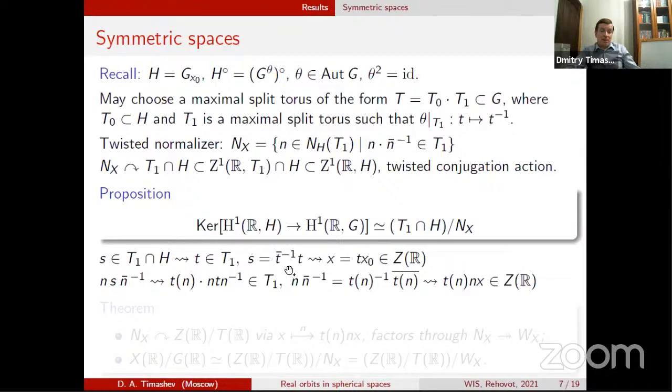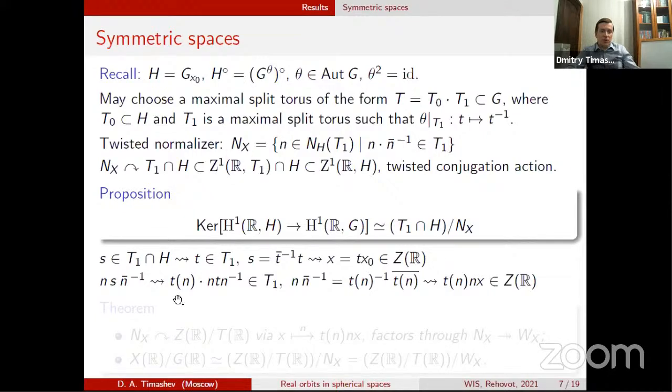And if you recall the correspondence between Galois cocycles and real points, then you see that to this element S, there corresponds a real point X obtained from the base point by applying this T. This is a point in the slice, because the slice here is the orbit of x0, the orbit of the base point. This is the real point in the slice.